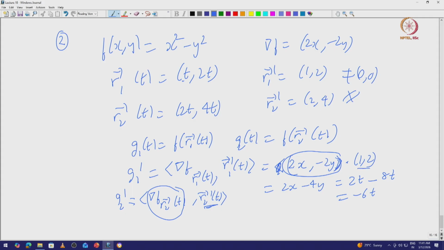This will vary. This will be twice of 1 comma 2. So you might think it's just twice of this, but actually x and y are also twice of their original value. So this will be 4 times the original value, right? This is not equal to g1 dash.